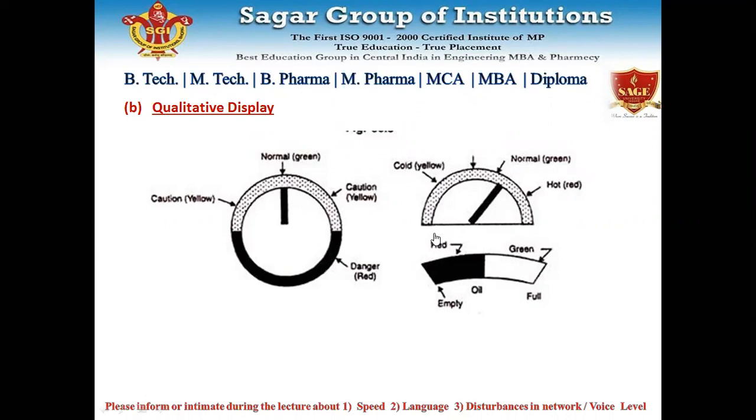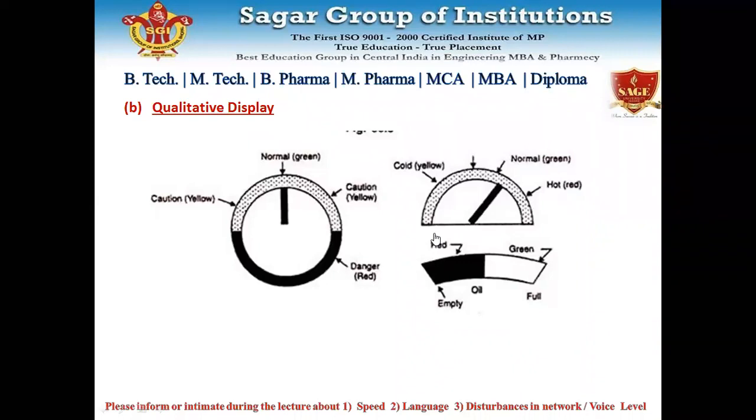Now these displays provide qualitative information like instantaneous values of certain continuously changing variables, like pressure, temperature, speed, but it won't come as exact numerical values. It will be distributed in zones, not in numerical values.